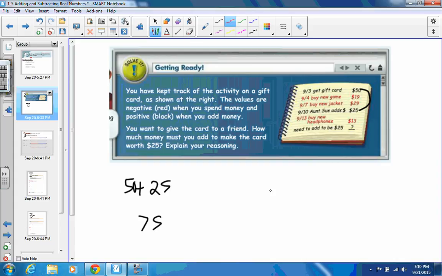You're going to be losing 19 plus 29 plus 13. And you can do that on your own if you'd like. 29, 19, 13. I'll do it like this. That's 18, 21. Carry the 2. 2, 4, 6, $61.